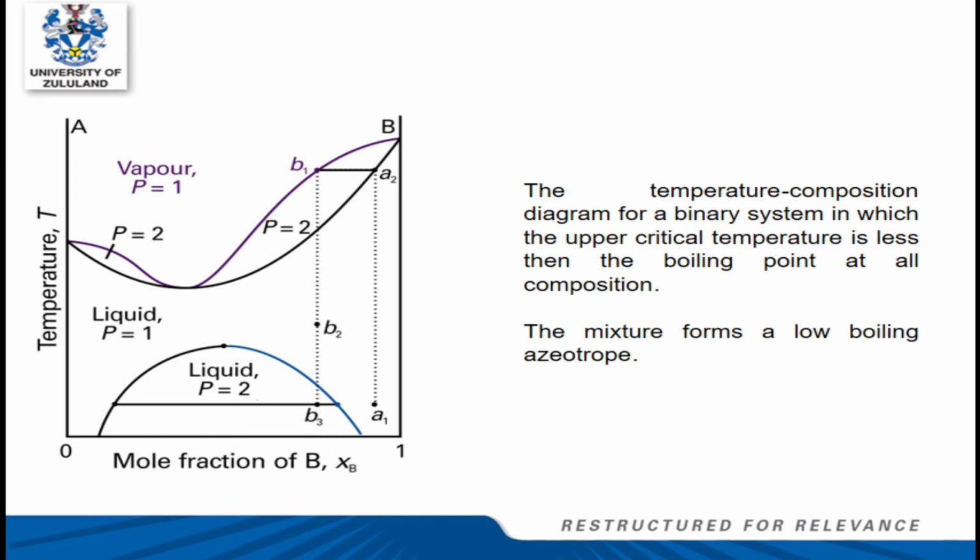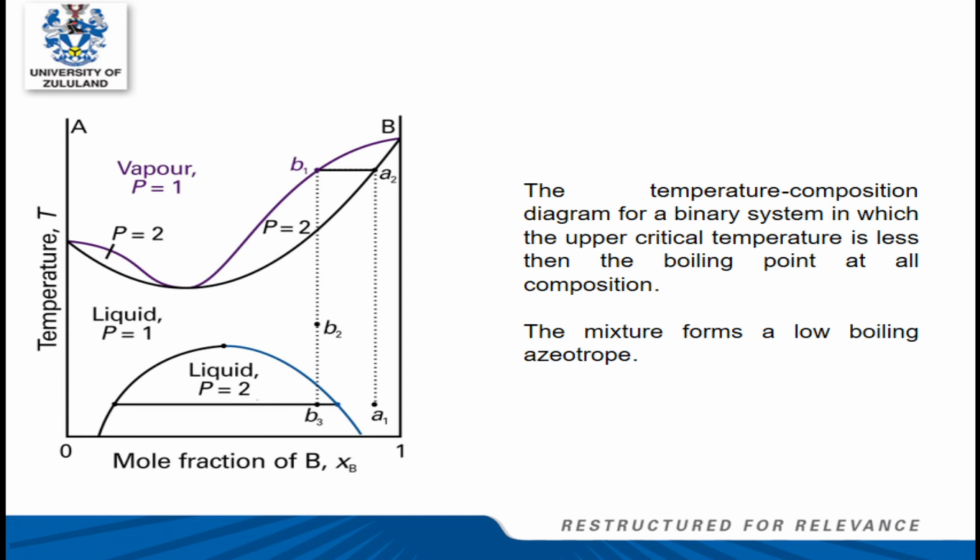So we can have a scenario in which the upper critical temperature is less than the boiling point at all compositions. In this case, it means that our mixture will form a low boiling azeotrope. So in a case whereby we are trying to distill, it's possible that we can have the low boiling azeotrope, and it's also possible that we can have the higher boiling azeotrope.